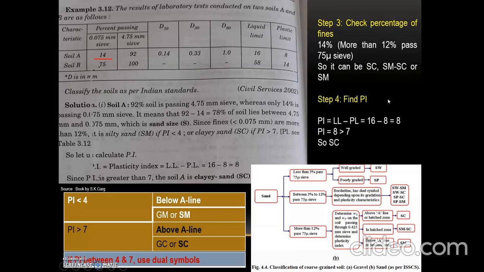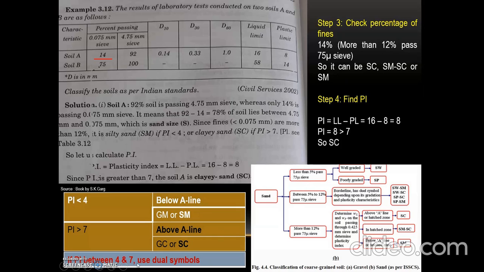Now once we know that the soil is sand, we need to check whether it is SW, SP, or whether it has a dual symbol, or whether it is SC, or SM-SC, or SM. So to further classify the soil, we will have to check the percentage of fines, because the sand can be further classified based on these three categories.